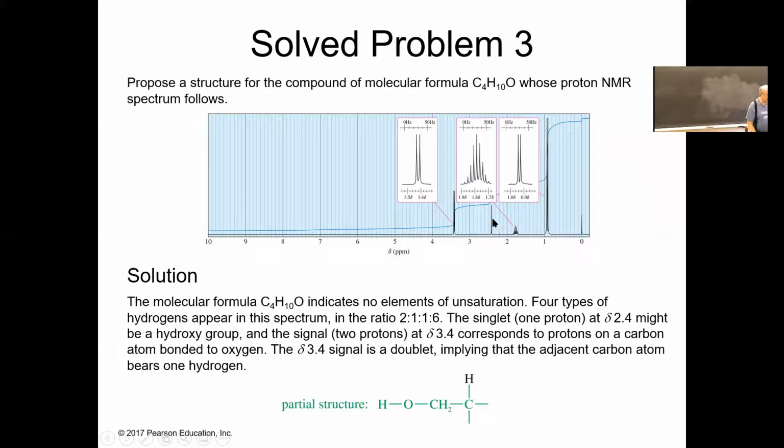And the singlet is probably the OH. Okay, so no elements of unsaturation. There's 4 types of hydrogens, and they're in the ratio of 2 to 1 to 1 to 6. Okay, and this is what I was just saying. The singlet at 2.4 might be a hydroxyl group.